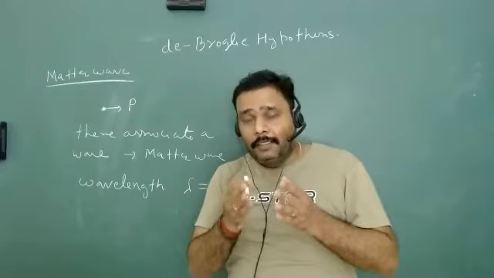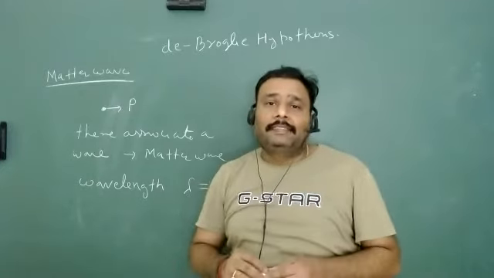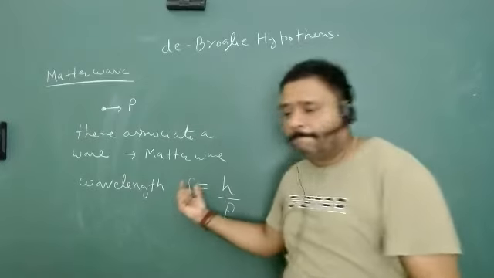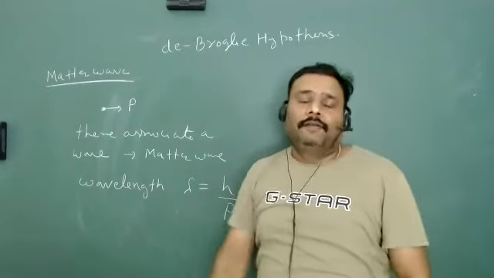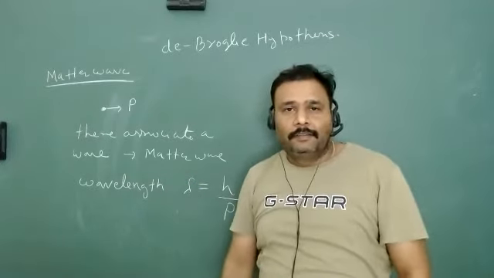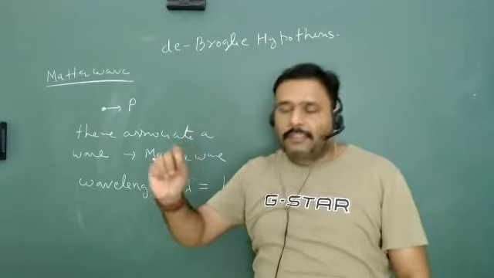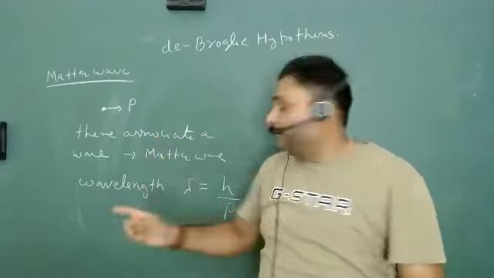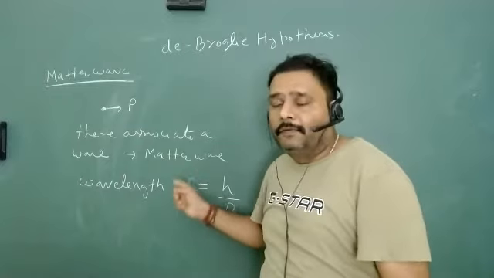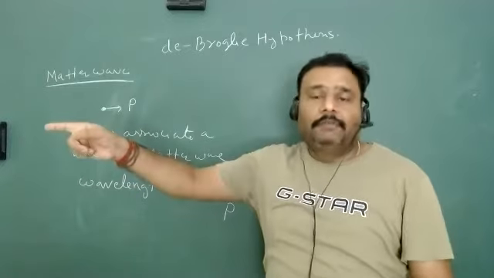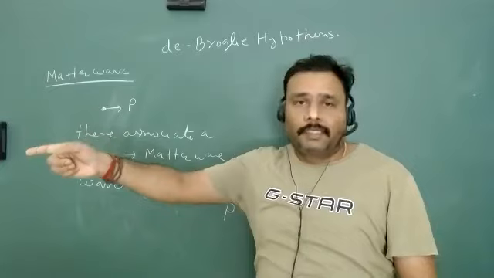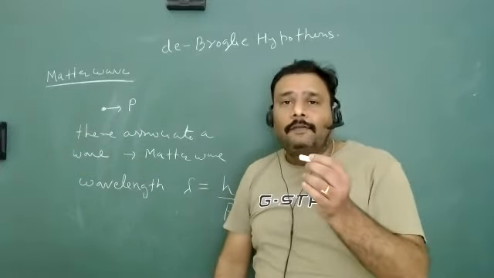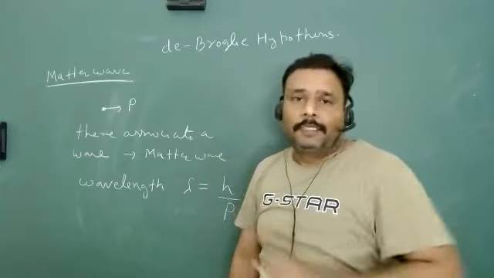But you will be surprised that there are experimental verifications of this wavelength. You can do an interference pattern. If a wave is associated, then it should give an interference pattern, it should give a diffraction pattern, and you will be surprised that an electron will give the interference pattern.